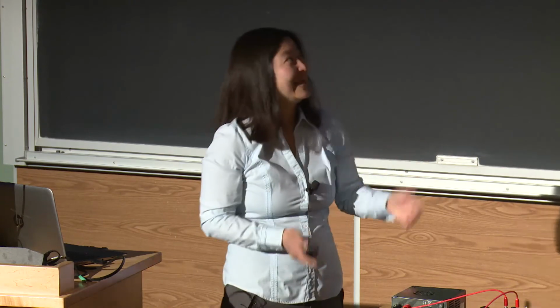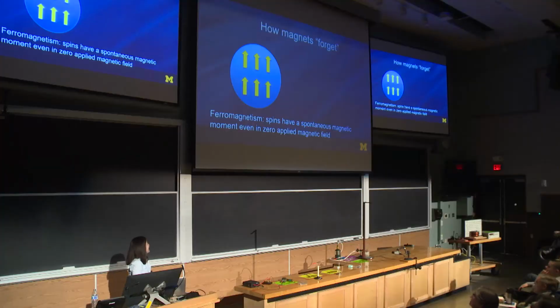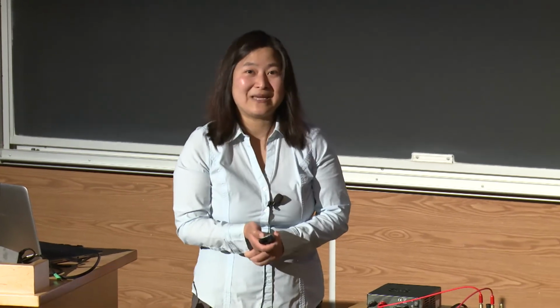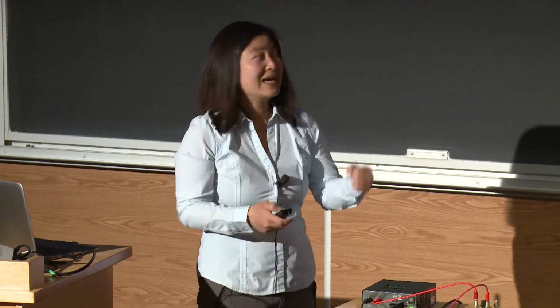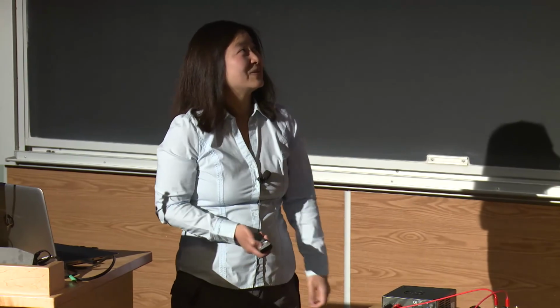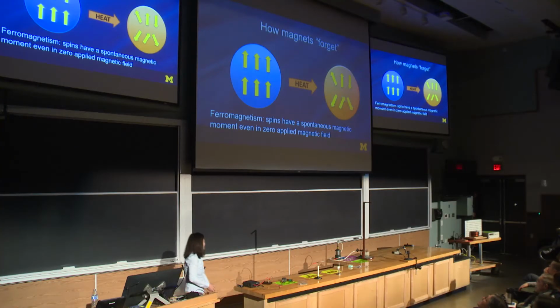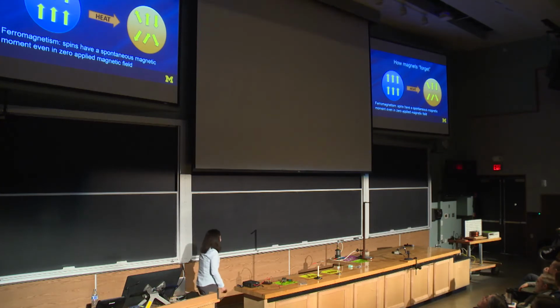That's not energetically favorable. However, there is a way to make magnets forget, which is to put energy into the system. So if we take a ferromagnetic material and we heat it enough so that there's more energy, those spins can become randomized, and the material can also lose its magnetism.